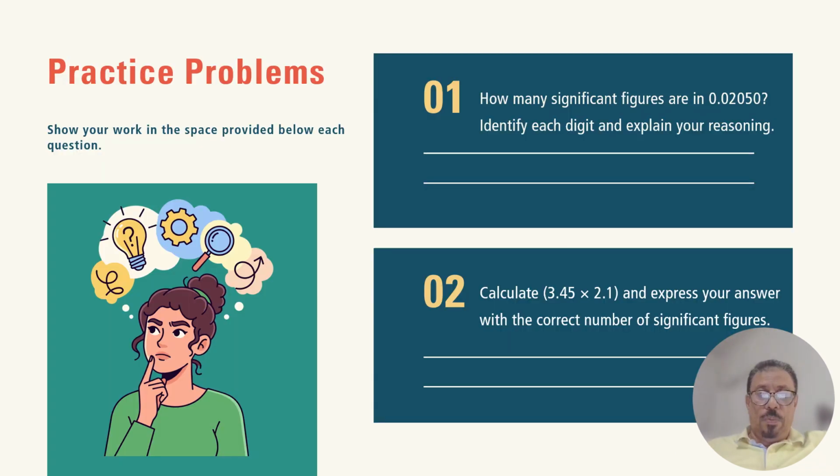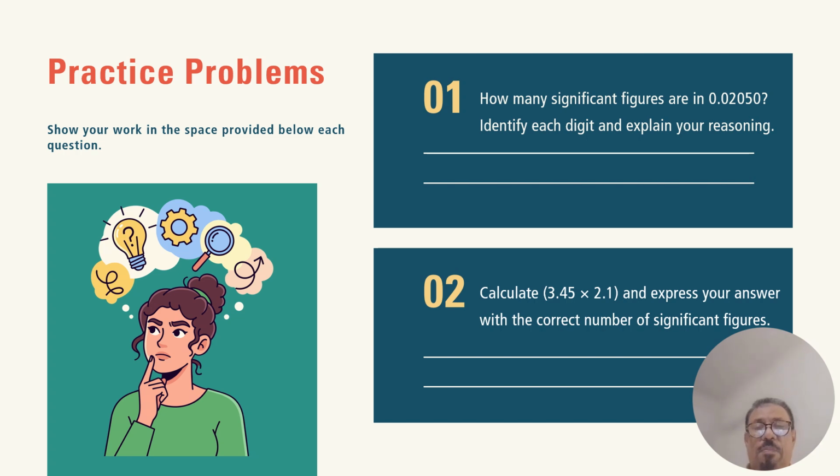Okay, let's go now. These are practice problems. How many significant figures are in this number? Identify each digit and explain your reasoning. I will not answer it. You answer this time. So look here. How many sig figures do you have?